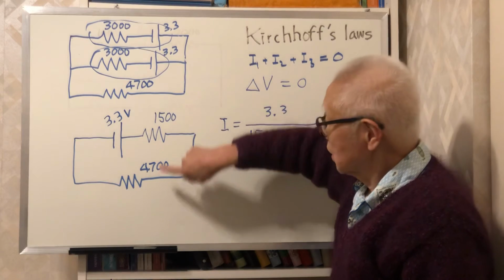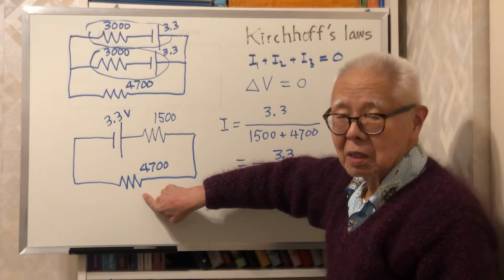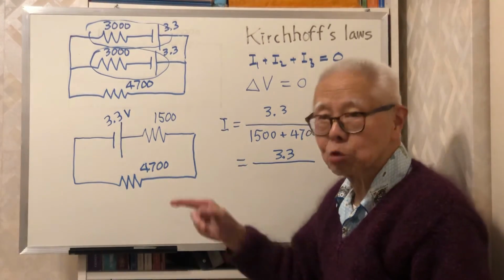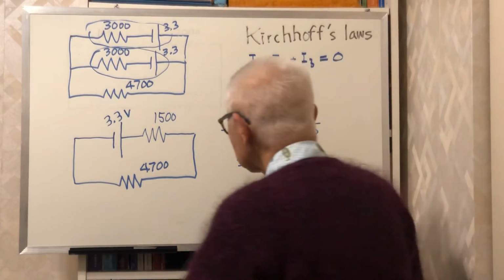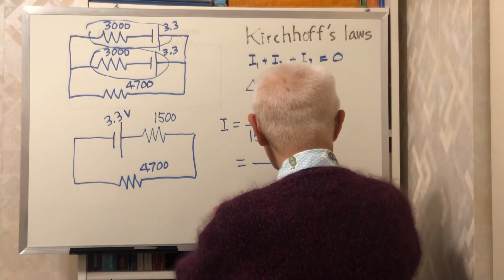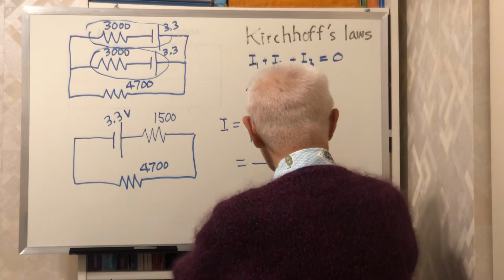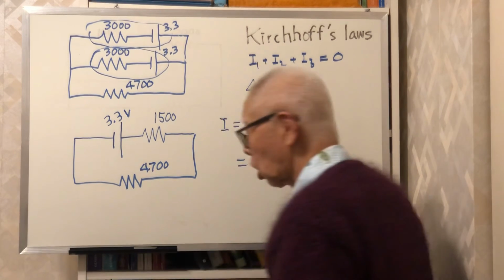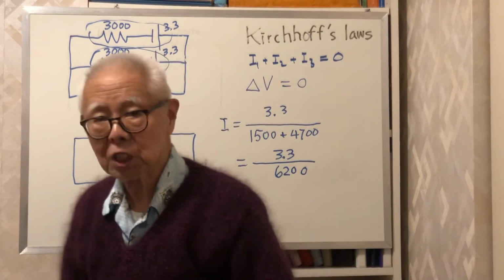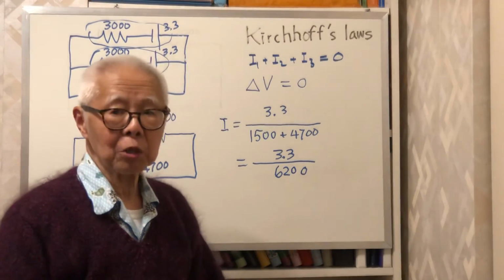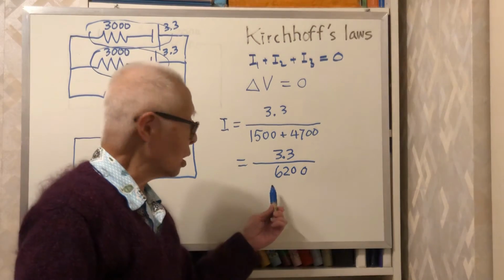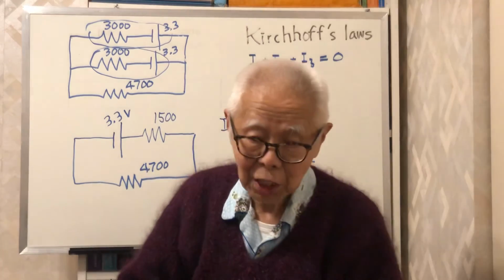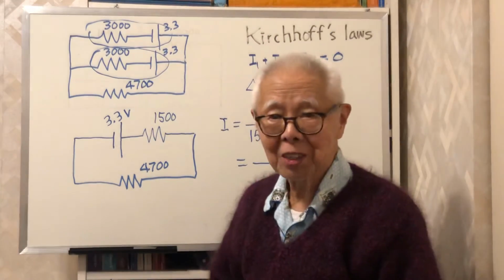This resistor and this resistor are effectively in series, so you add them together. So it's 3.3 divided by the combined resistance, which is 6200 ohm. And take a calculator and do the division, you get the answer.